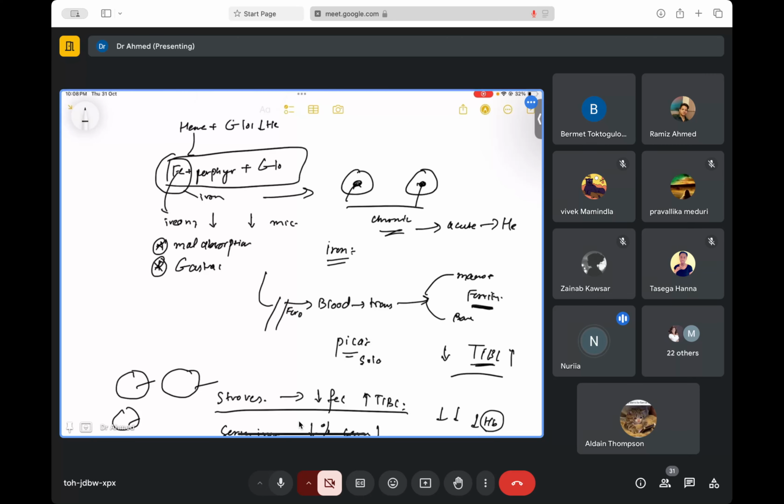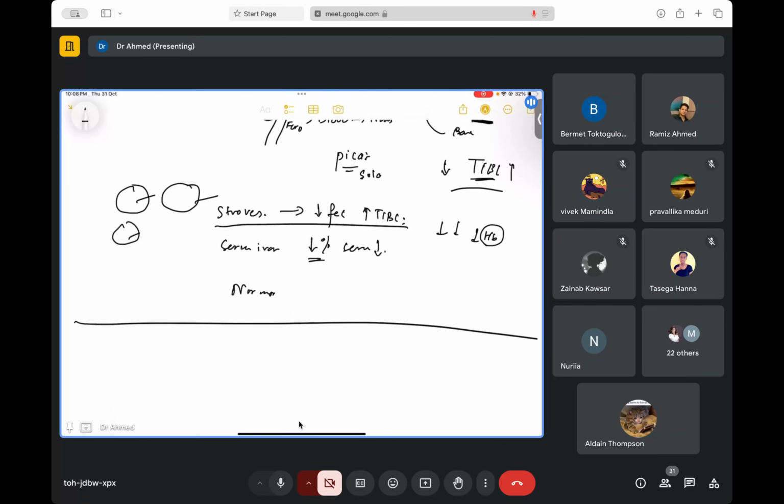Why isn't it letting this iron come out? Because bacteria also love to eat iron, so in order to stop bacterial growth, your body takes this approach.